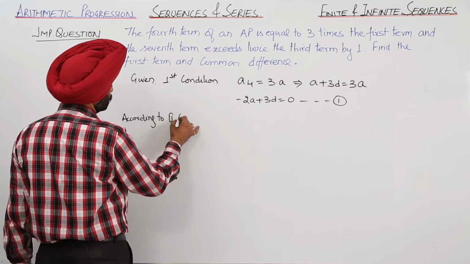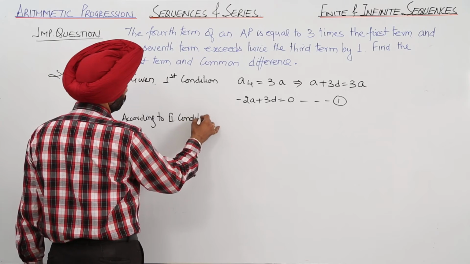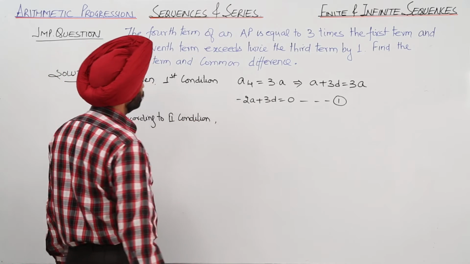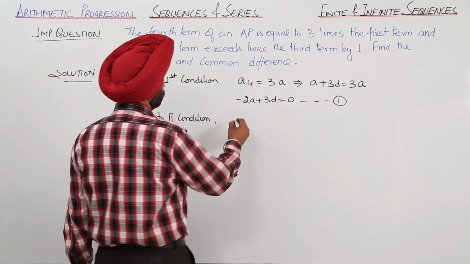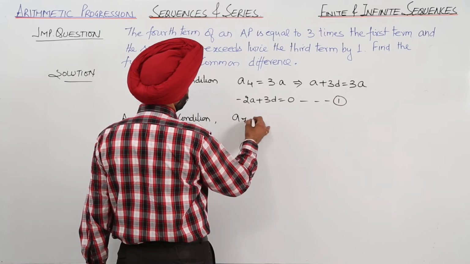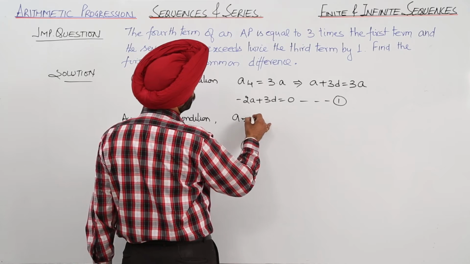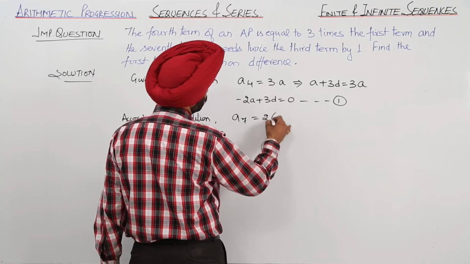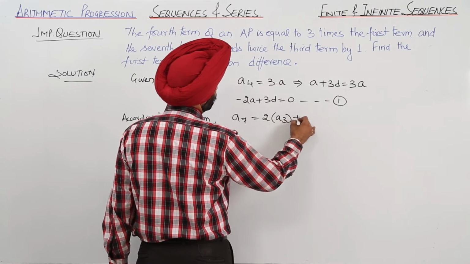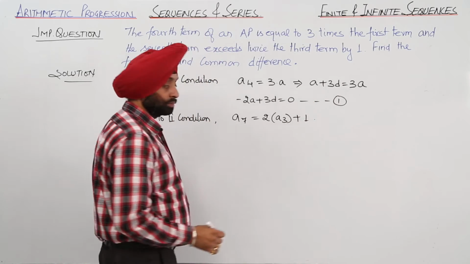Now, according to the second condition, it is given the seventh term A7 exceeds twice the third term by 1. Okay.